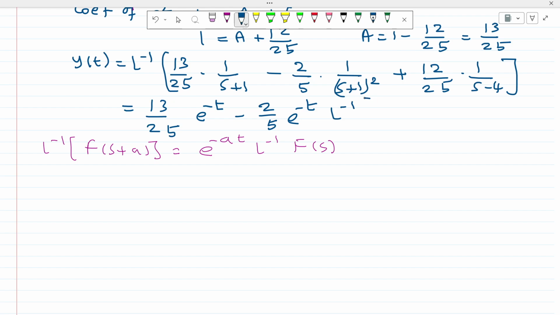That is L inverse of s plus 1 tends to only s. L inverse of 1 by s square. Listen, this s plus 1 converted into e power minus t, and then s plus 1 can be written as only s when you multiply with e power minus t. In case it is s minus 1, you have to multiply with e power t here.